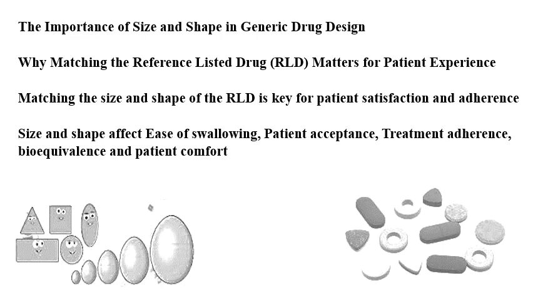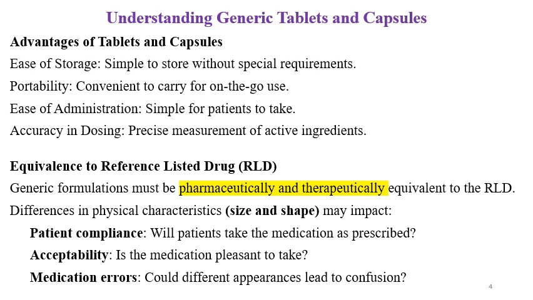Matching the size and shape of the RLD for the generic drug is key for patient satisfaction and compliance. Size and shape affect the ease of swallowing, patient acceptance, treatment adherence, and bioequivalence.